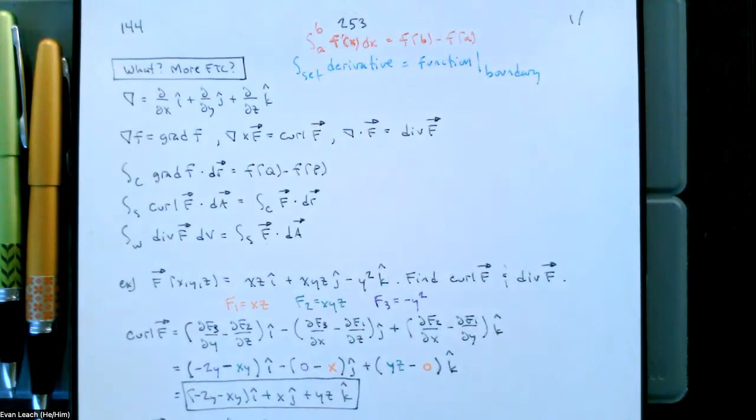So it fits that structure: the integral of a derivative over a set is a function at the boundary of the set. And then finally, in the divergence theorem, the integral over some solid of the divergence of f dV is the surface integral of the vector field dot dA over the surface of the solid.